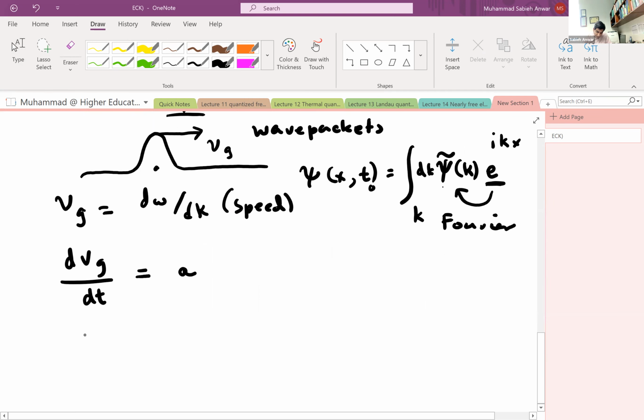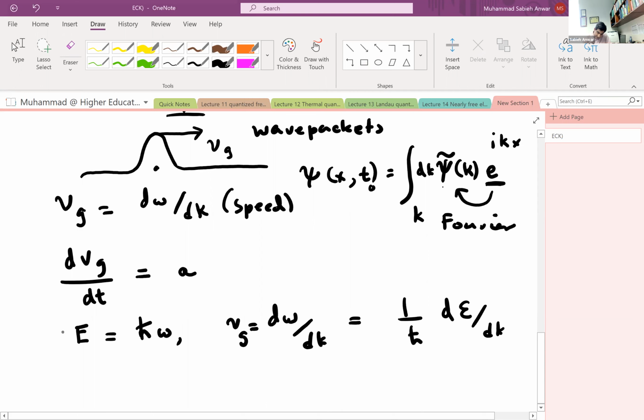Now, I also know that the energy of a particle is given by h bar omega. So d omega over dk is Vg, and I can write this as 1 over h bar dE over dk. Let me write this E in this curly fashion.